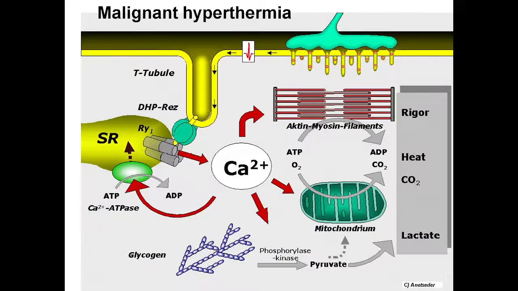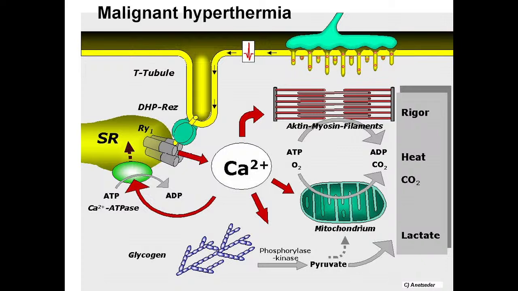Now if you can see, it is from the, what is SR? Sarcoplasmic reticulum, where we have these calcium stores. When there is increased stimulation of the ryanodine receptor, there is a massive release of calcium, which leads to muscle contraction, which leads to generation of heat.